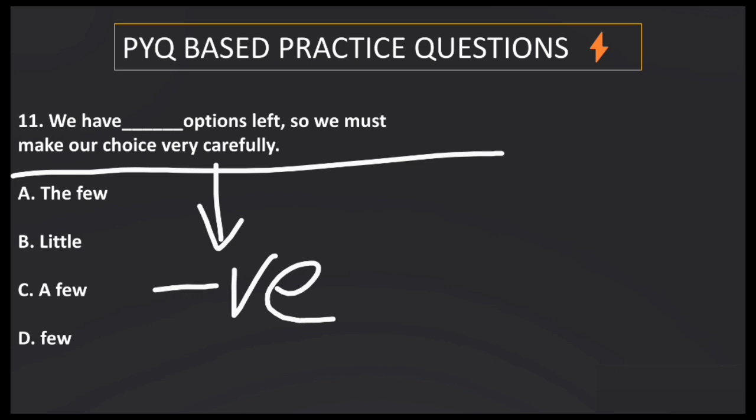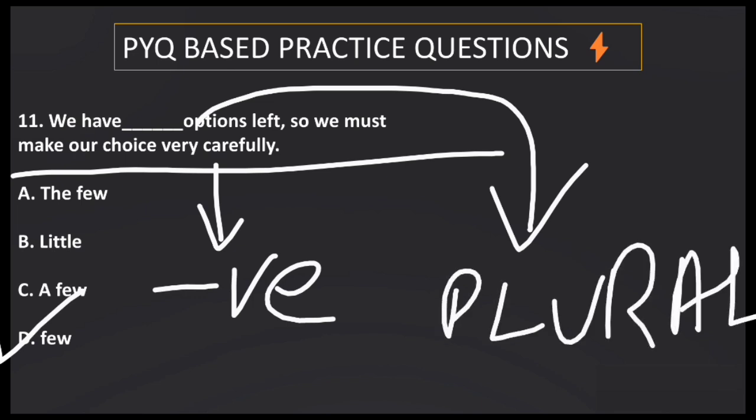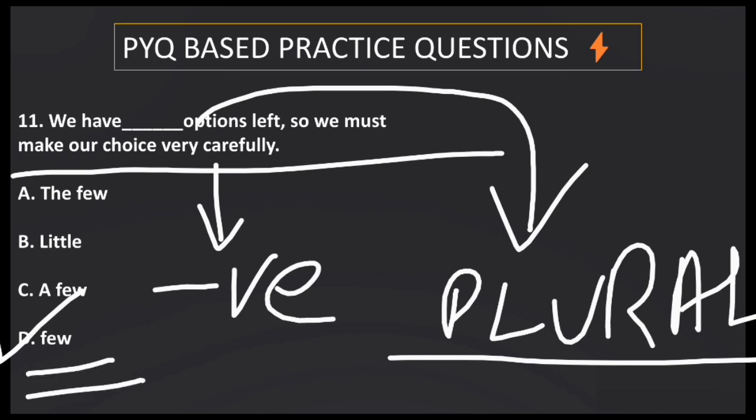And when it is negative and also options is a countable plural noun, definitely we shall choose few. So we choose the option which is few because it's negative. And also this subject, options, is a countable plural noun, not singular, because we use few, the few, or a few with countable plural nouns. So here few is the correct option.